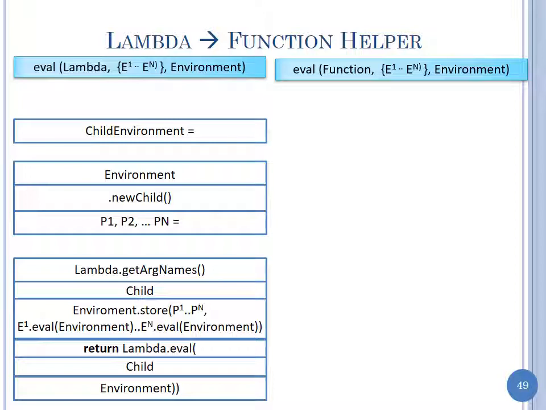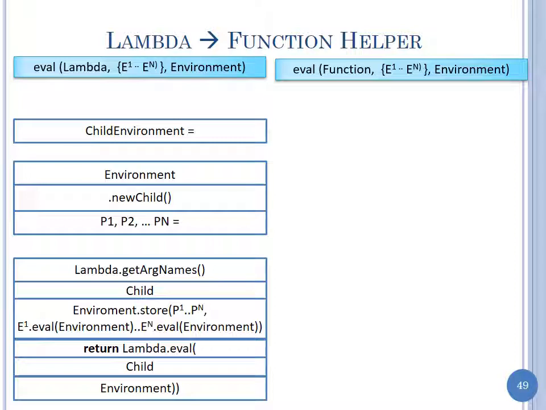Then we get the arg names from the lambda, and we store the arg names with the evaluated expressions. In the application we have the actual parameters, and we have to bind the actual parameters to the formal parameters.